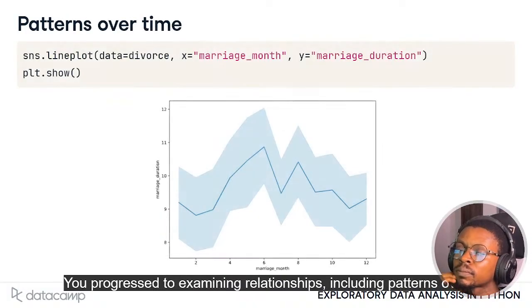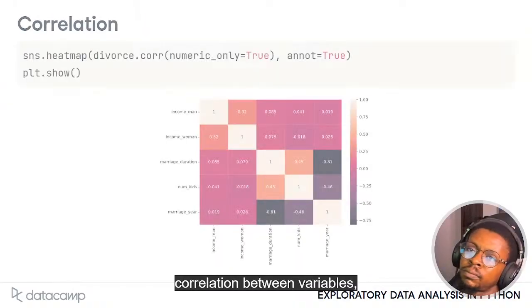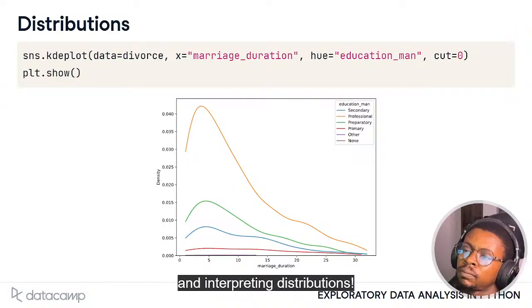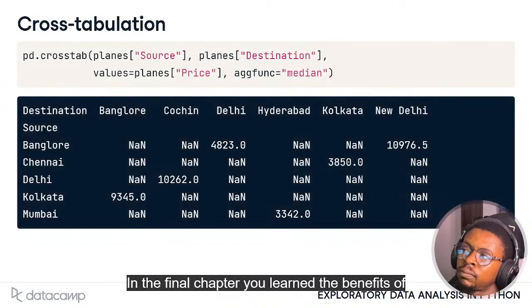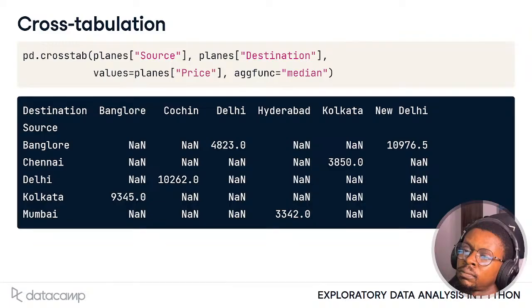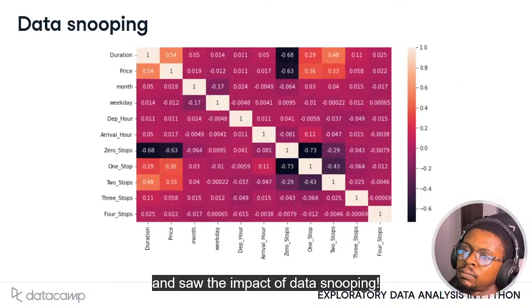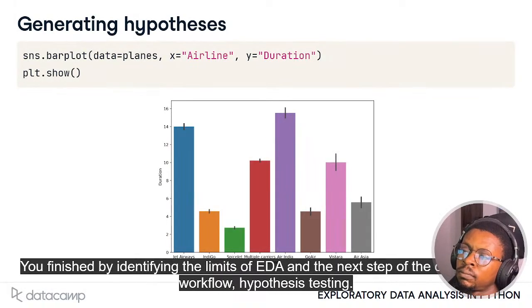You progressed to examining relationships, including patterns over time, correlation between variables, and interpreting distributions. In the final chapter, you learned the benefits of cross-tabulation, generated new features using pd.cut, and saw the impact of data snooping. You finished by identifying the limits of EDA and the next step of the data science workflow, hypothesis testing.